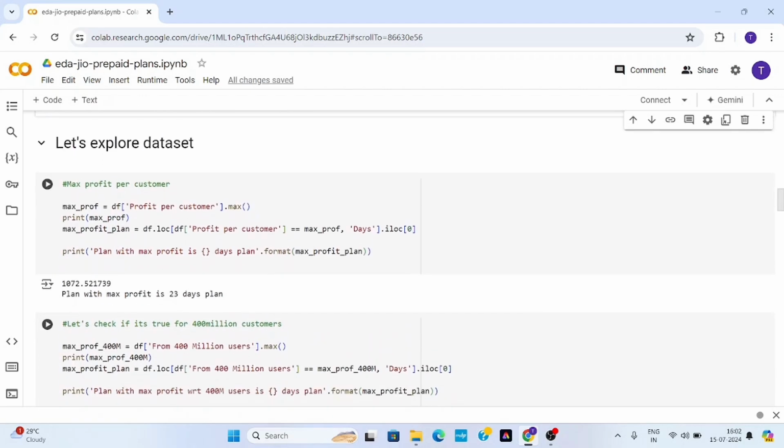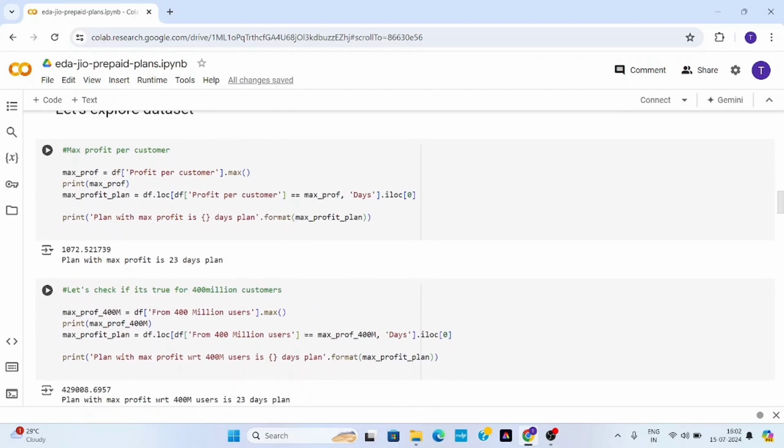Okay, now we are going to analyze our data set. First, we are going to calculate the max profit per customer. How much profit the Jio company is getting from a customer, which is the maximum profit. We want to calculate which plan or data provider is providing more profit to the Jio company.